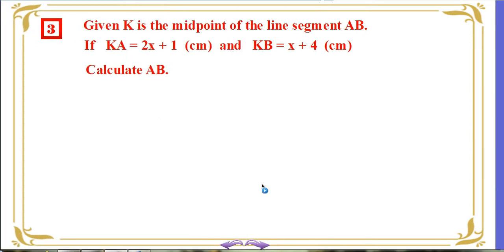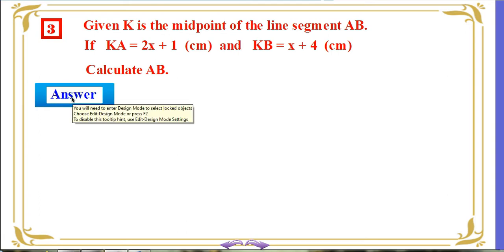Given K is the midpoint of the line segment AP. If KA equals 2 multiplied by x plus 1 centimeter, and KB equals x plus 4 centimeter, calculate AP.